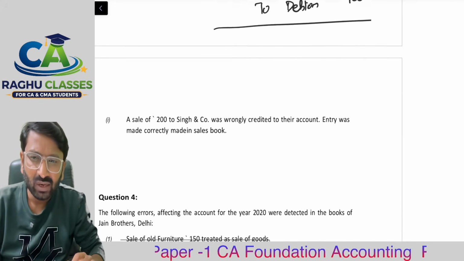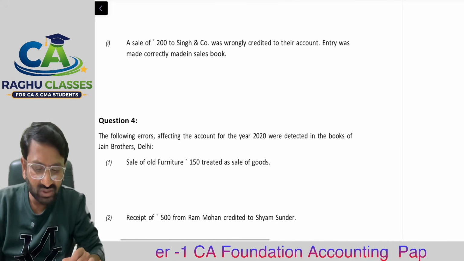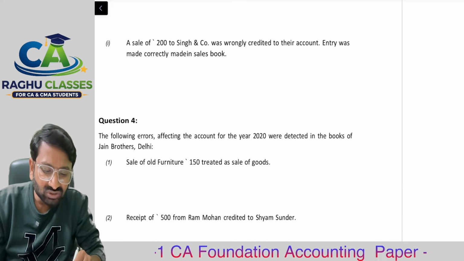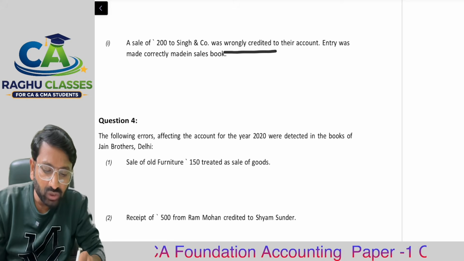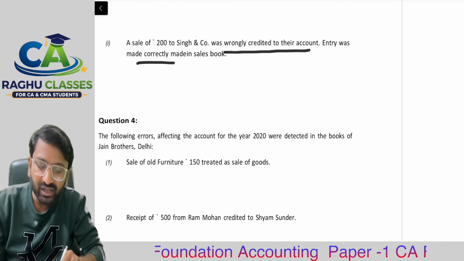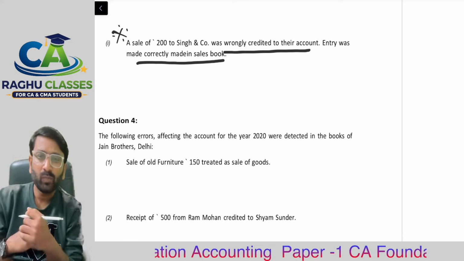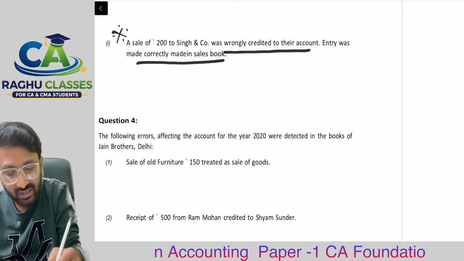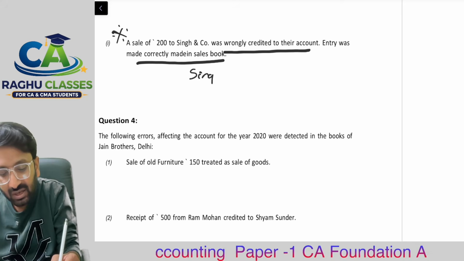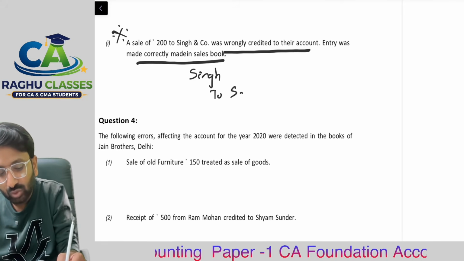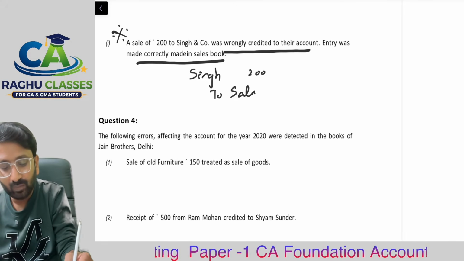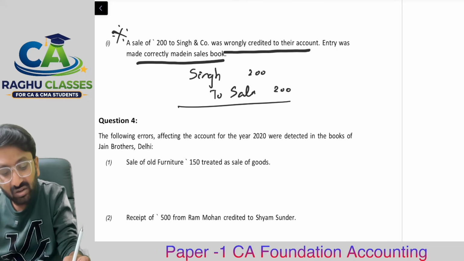Next one. A sale of 200 to Singh and Co was wrongly credited to their account. Entry was made correctly in the sales book. Okay, this one looks interesting. Now you made a credit sale. So what is the correct entry? Singh and Co to sales, 200. It is wrongly credited to their account.